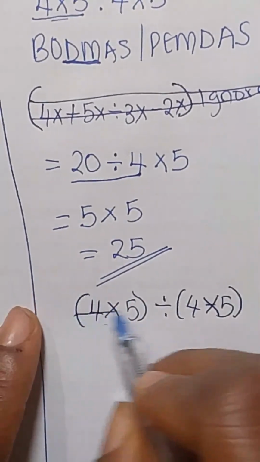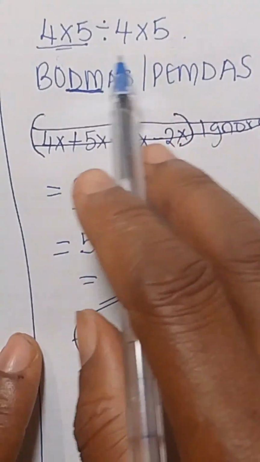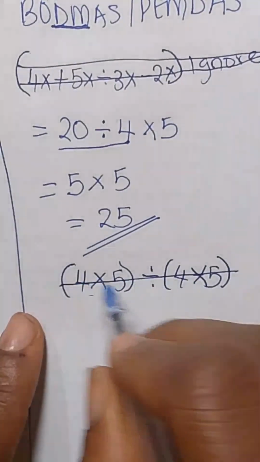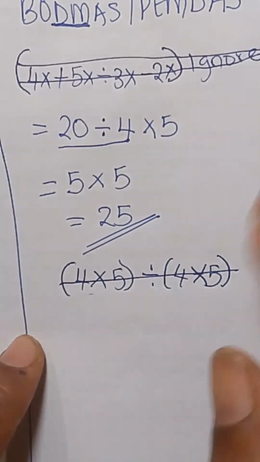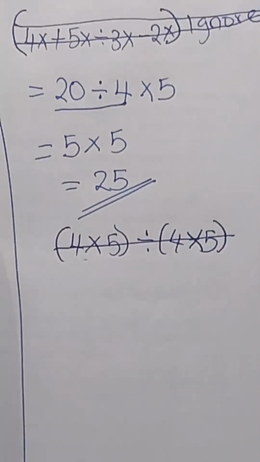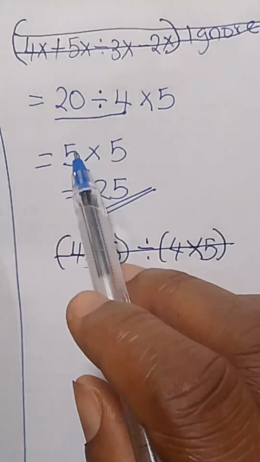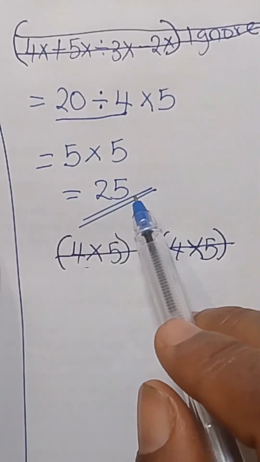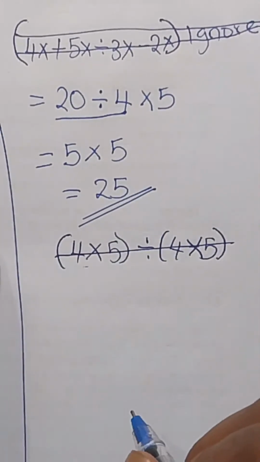But if it's not in this form, if it's like this, you apply BODMAS. This one is where you get 1. See the difference and know it. So we're good. 20 divided by 4 is 5. 5 times 5 is 25. All right. That is great.